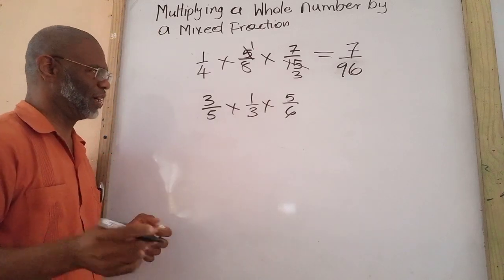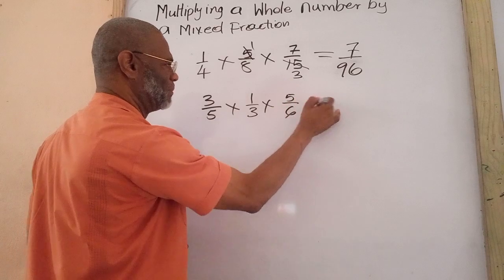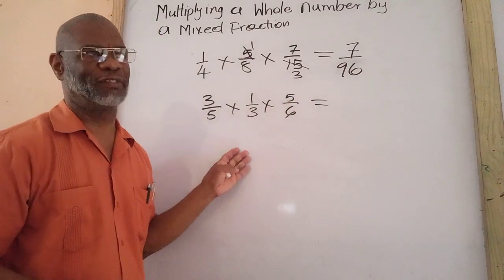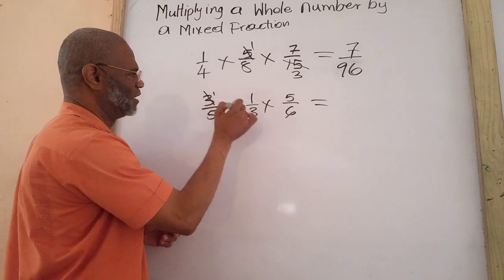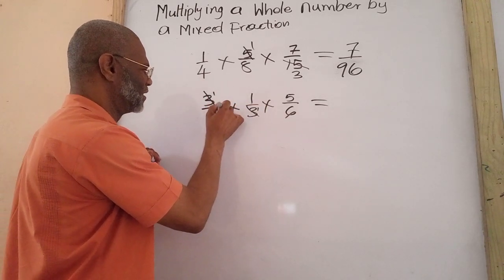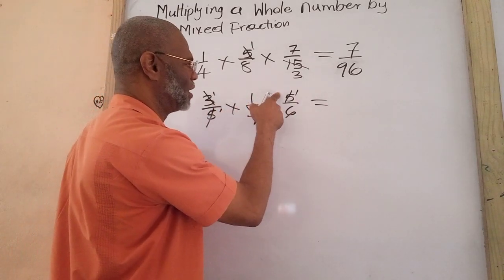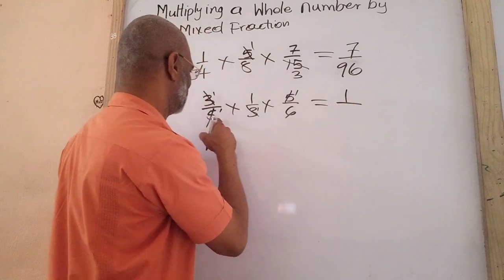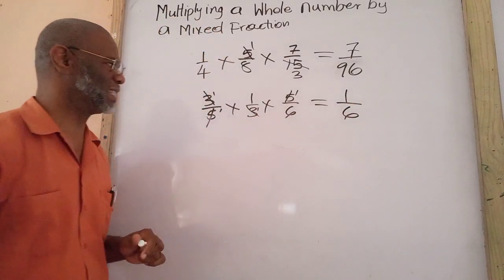So let's go ahead and do the cancellation method. Look to see if there are any common factors. So we know 3 into itself is 1. Then we have 5, 5 cancels 5. Right? So we're left with 1 times 1 is 1, times 1 is 1, over 1 times 1 is 1, 1 times 6 is 6. So that gives us 1/6.